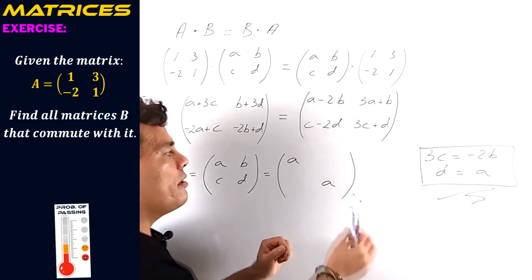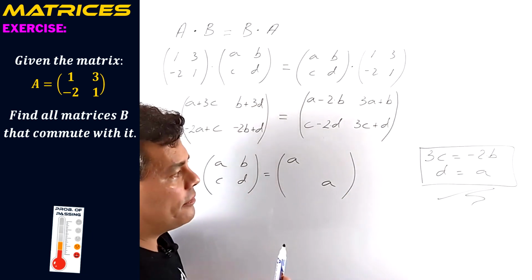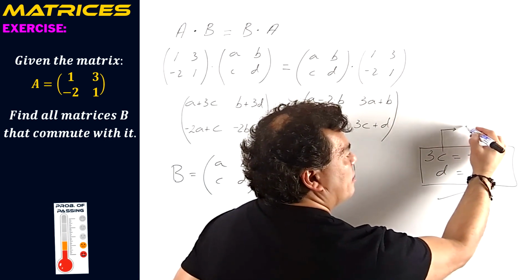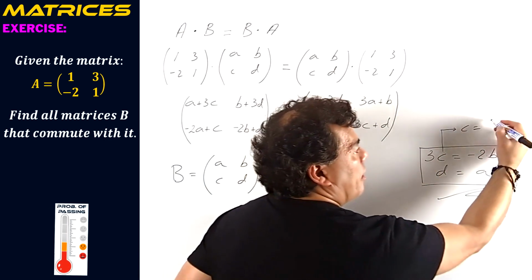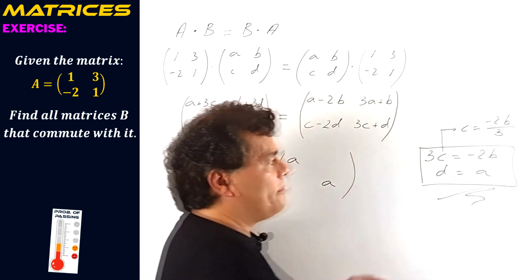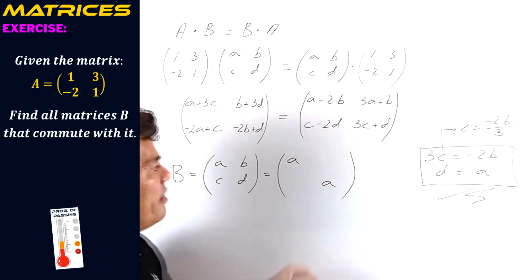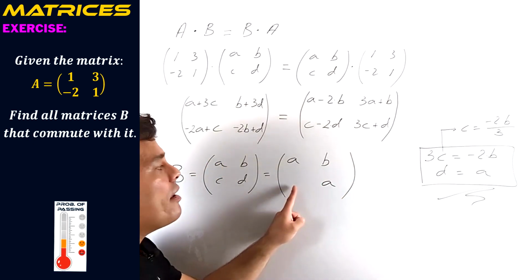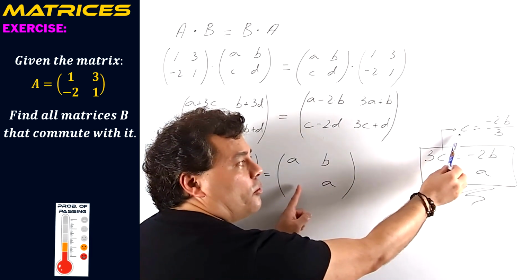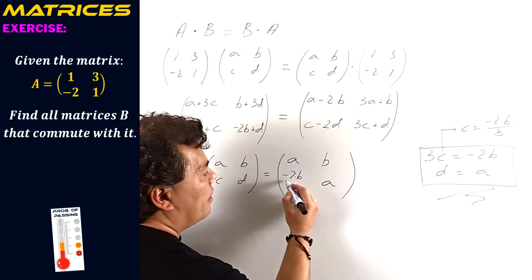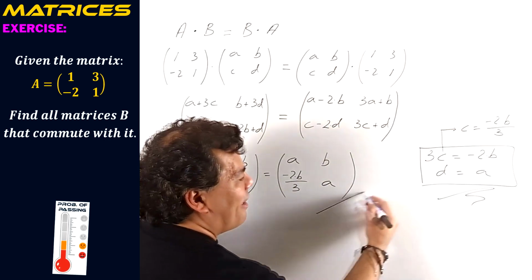And what about the second and the third position? Well, we can say that C equals negative 2 times B divided by 3. So let's use here variable B, but in the third position we are writing negative 2 times B divided by 3.